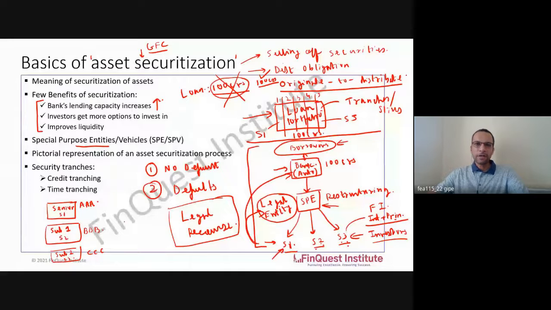Now, the advantage of tranching is it allows investors to take positions in respective securities based on their risk appetite, because every investor has a separate risk appetite, isn't it? I may have a very high risk appetite, so I may want to purchase securities in S3, the subordinated 2 tranche.